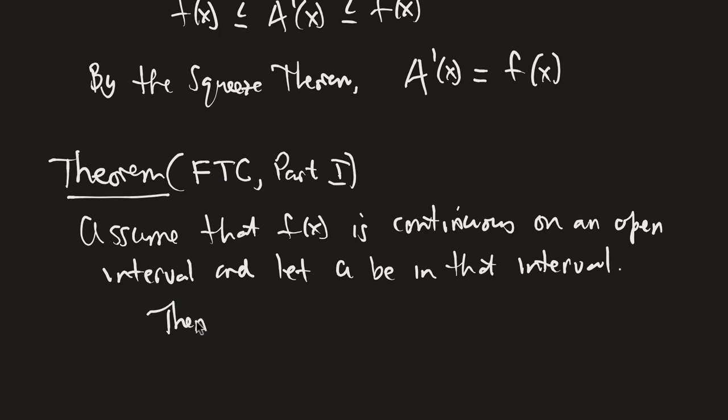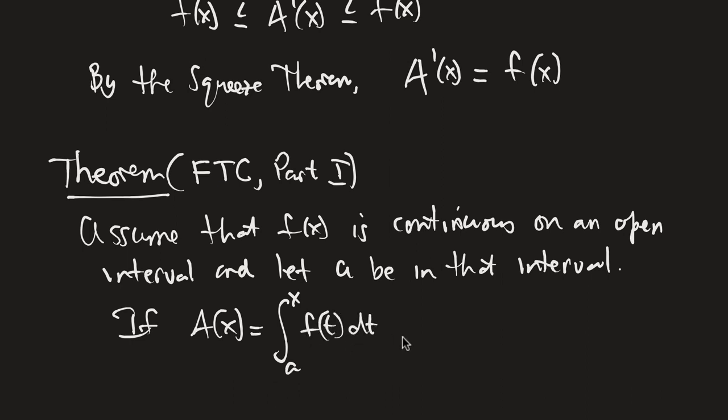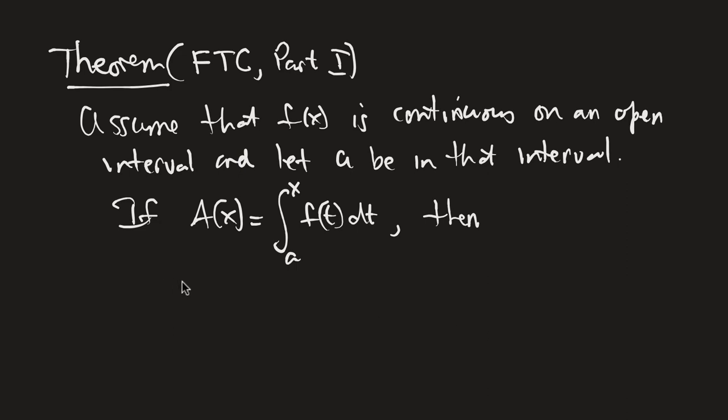So then, the area function. Actually, let me start it this way. If A of x is equal to the integral from a to x of f of t dt, then, which is the conclusion, the derivative of the area function, and it's written several ways.